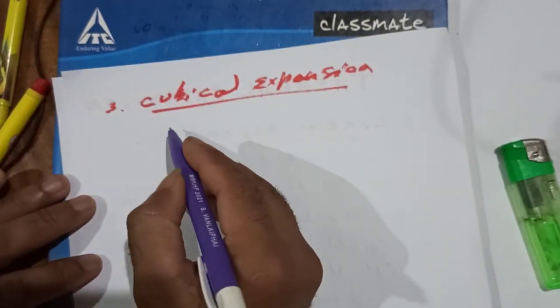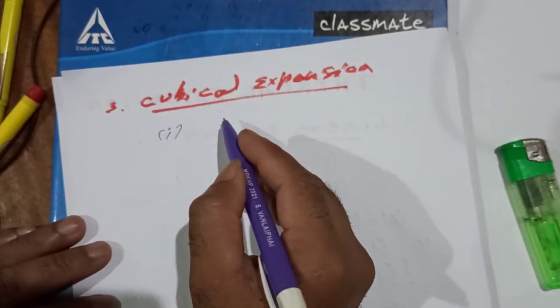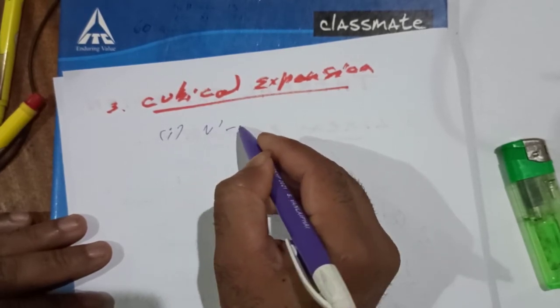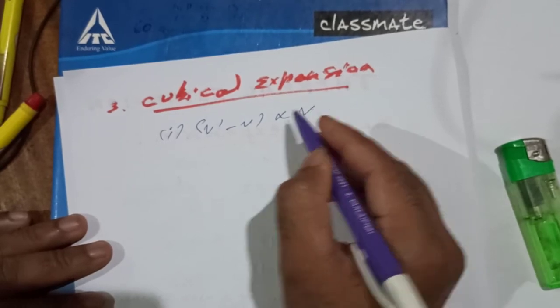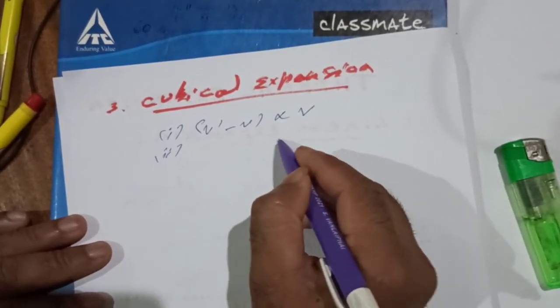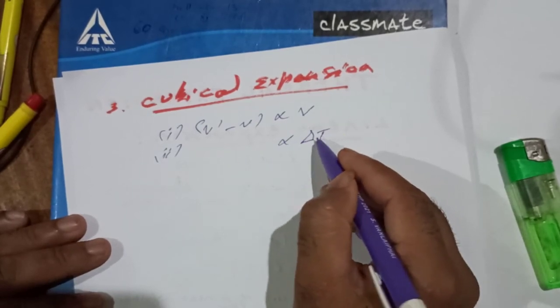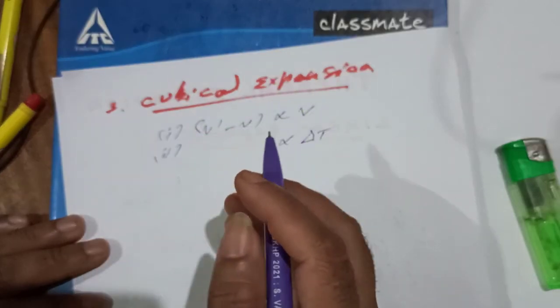So we can also write like this. Number one, same thing as in superficial and linear expansion: the change in volume, or the rise in volume, is directly proportional to the original volume. And number two, this will be directly proportional to the change in temperature. If we give more and more heat, then the volume will increase more and more.